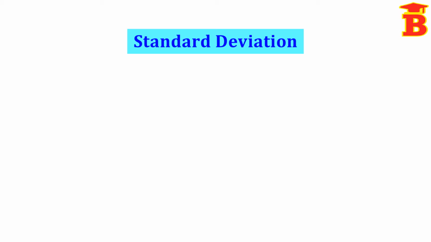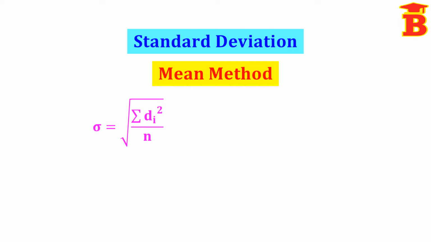Now we are going to learn how to find standard deviation using mean method. Standard deviation formula: sigma equal to root of summation di square divided by n. So standard deviation is denoted by this symbol sigma.